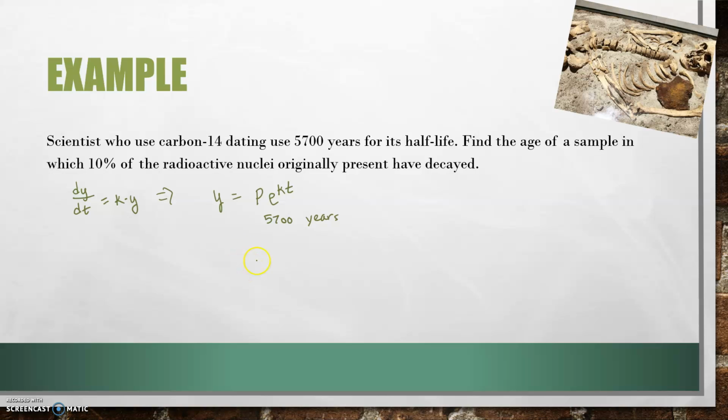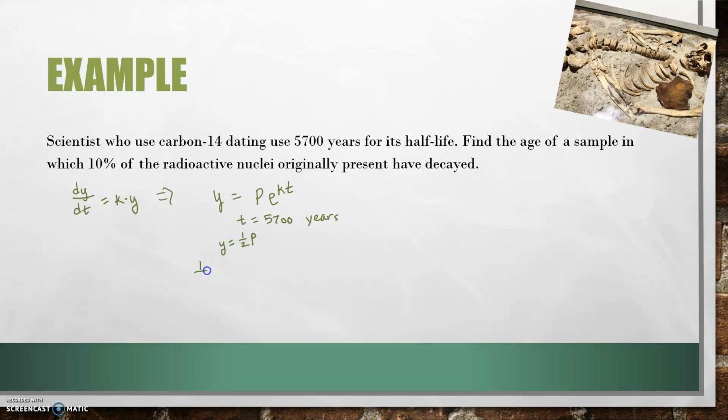So if I say t is equal to that many years, and if we start with P as the initial amount, since this is the half-life, we would have 1/2 of P.